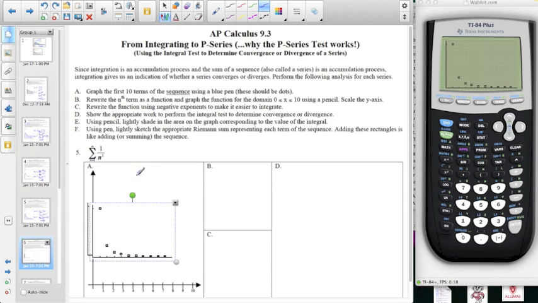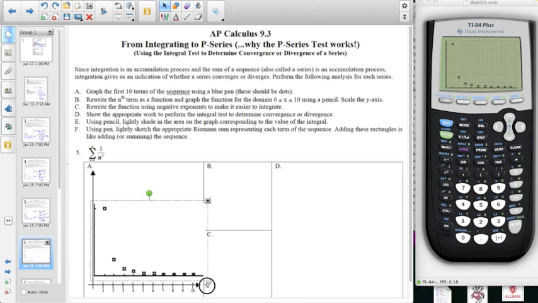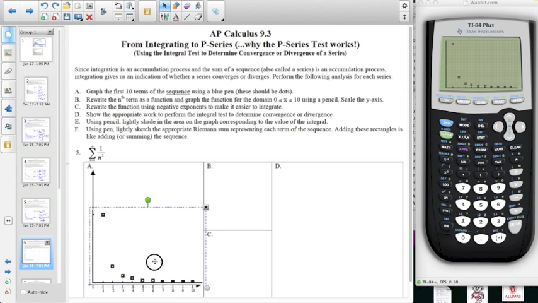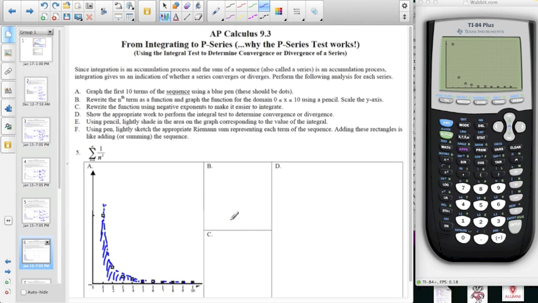So if we size this up here to fit on our grid, there we go. So now as we look at this in function notation, as we prepare to do the integral test, we can see that we're really getting dramatically tight here against the horizontal axis.